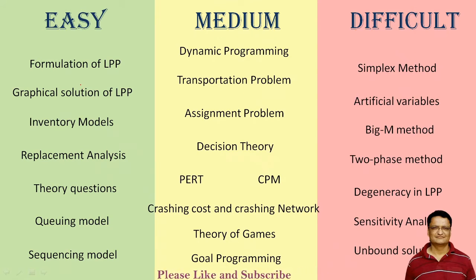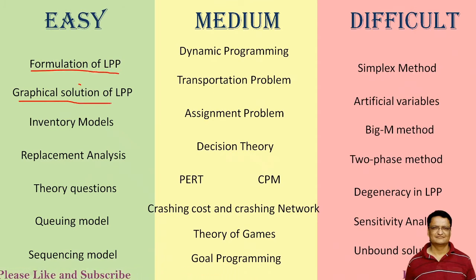If you consider the LPP, the formulation of LPP is quite an easy part. Even the graphical solution to LPP is quite easy. Some parts may be a little difficult.